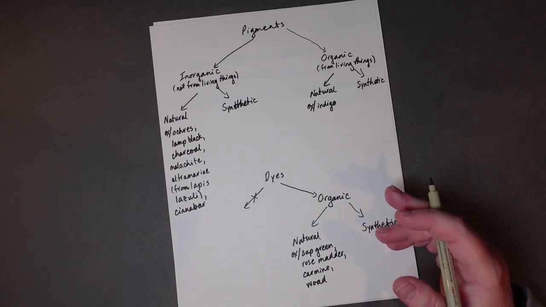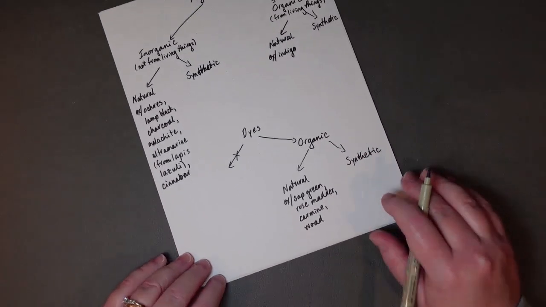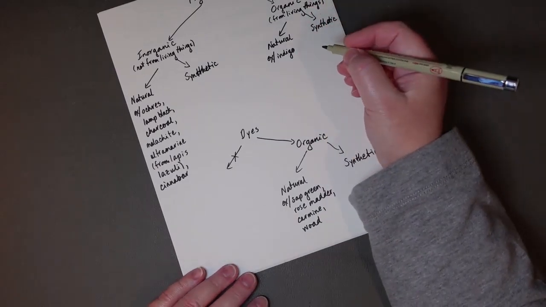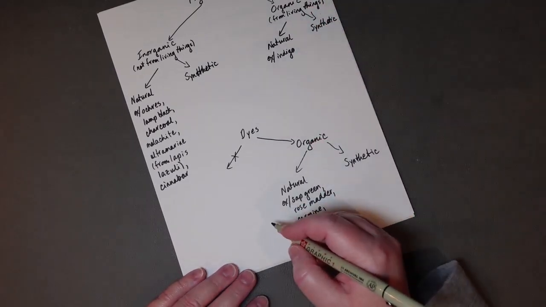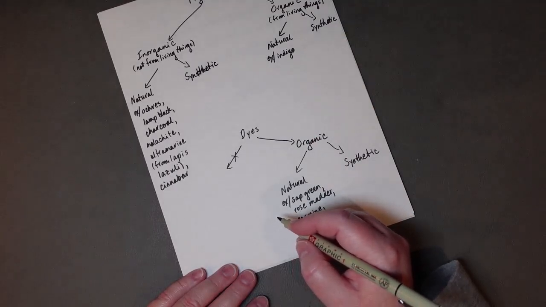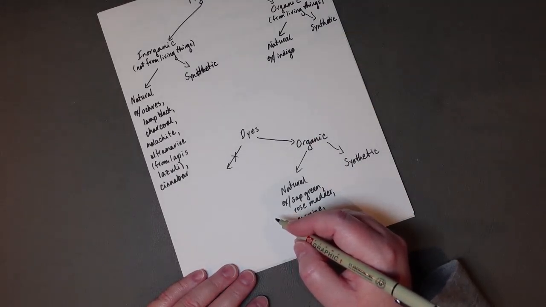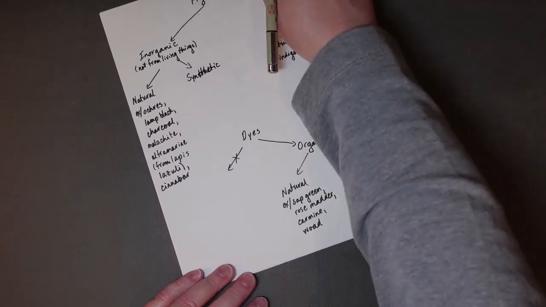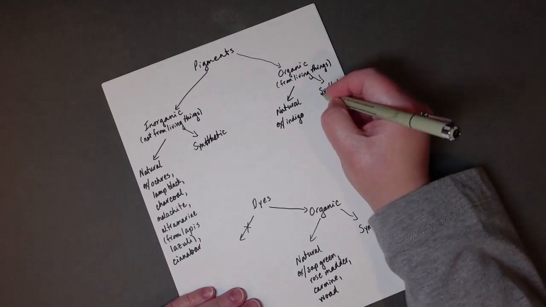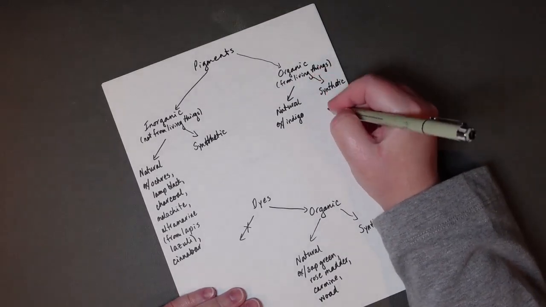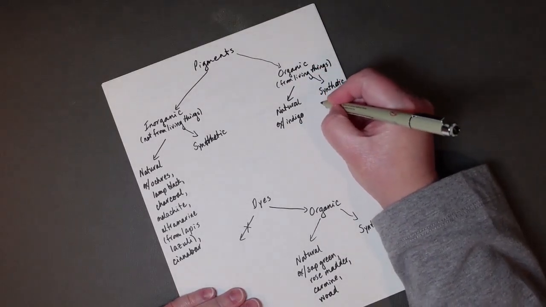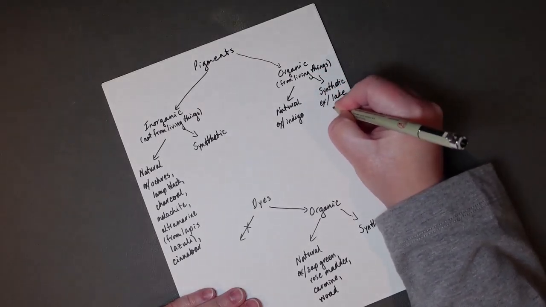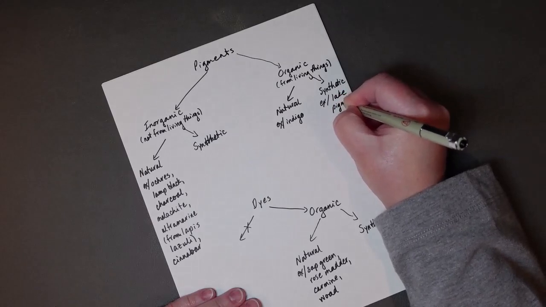And so we could have things like up here, where can I put that? Well, I guess they would kind of belong under synthetic organic pigments. So we could say lake pigments.